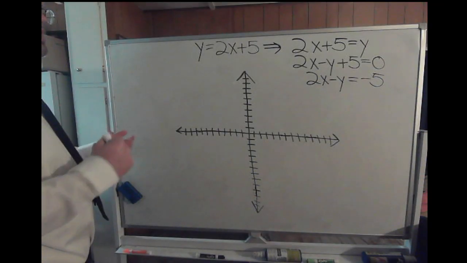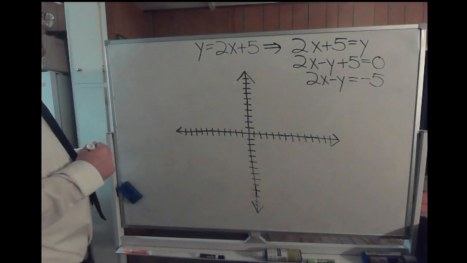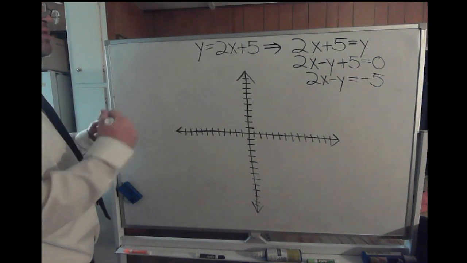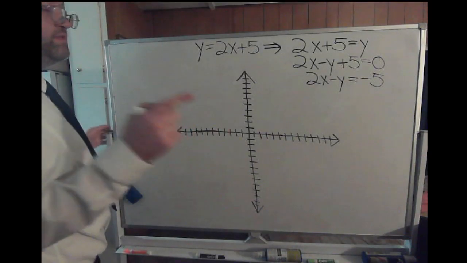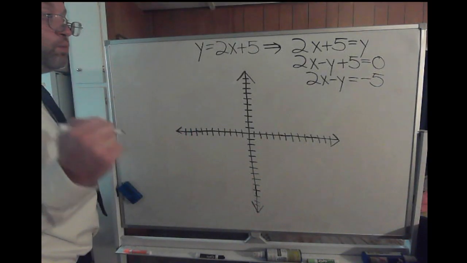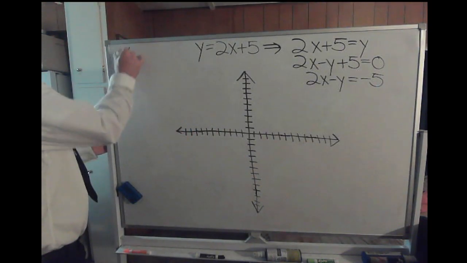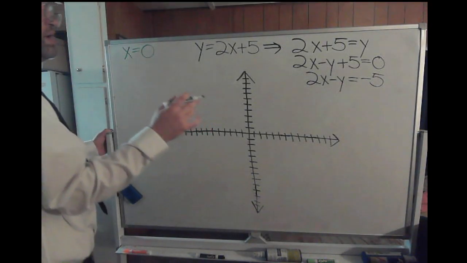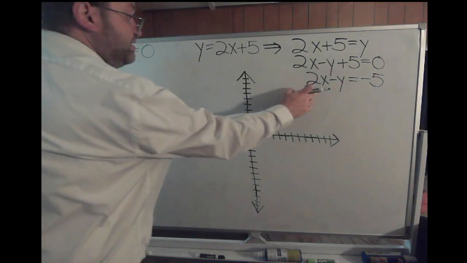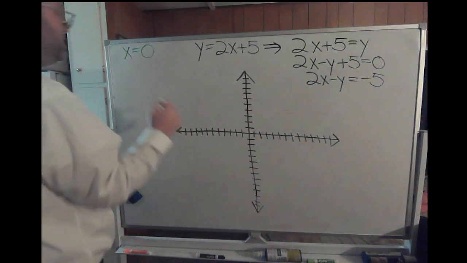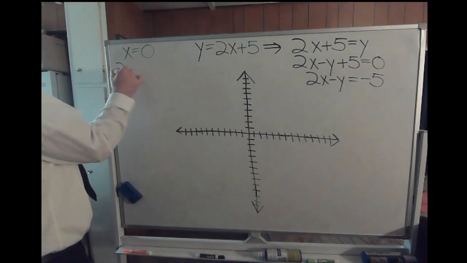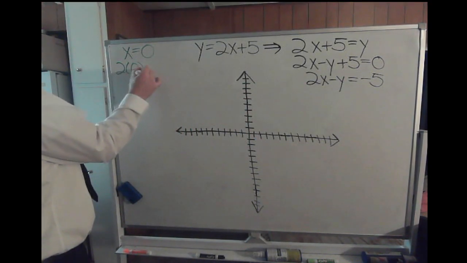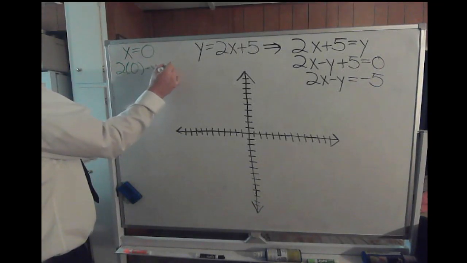So, first thing I would do, take your pick. Find your y-intercept, all right? When you find your y-intercept, you solve for y, so you're going to set x equal to 0. So we'll set x equal to 0. You'll plug in 0 for x in 2x minus y equals negative 5. So 2 times 0 minus y equals negative 5.